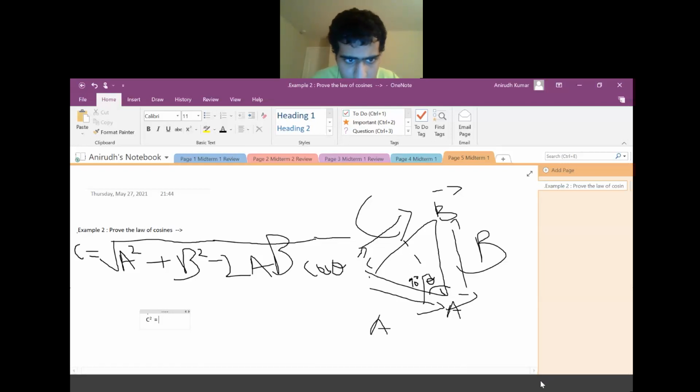is equal to the magnitude of C square, which is equal to B plus A the whole square.